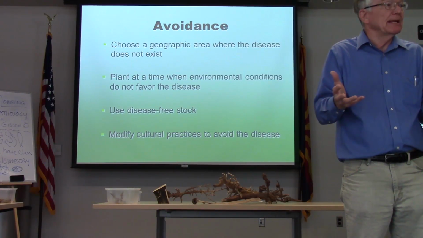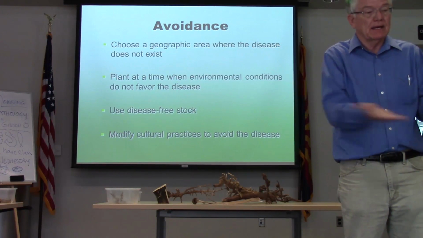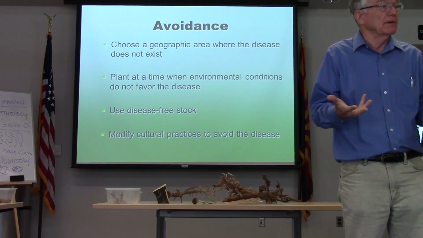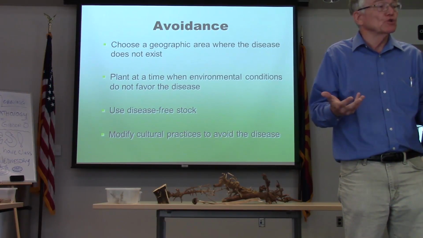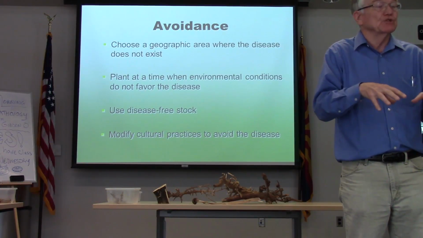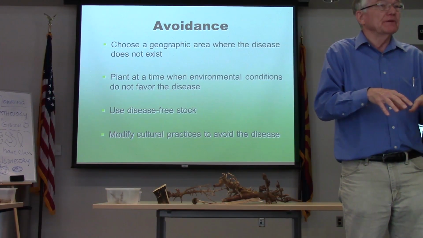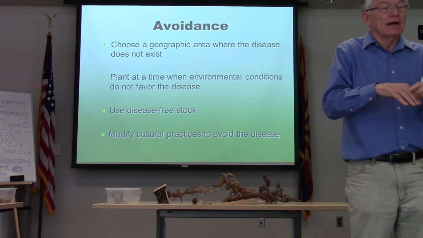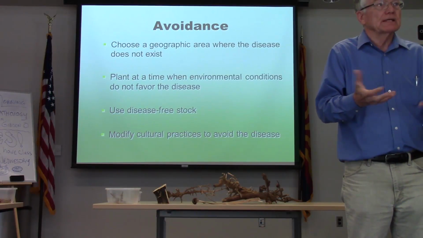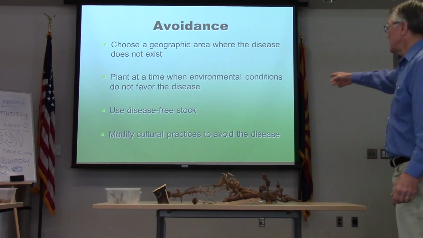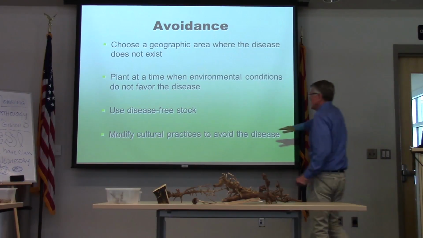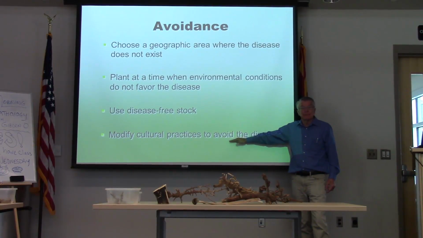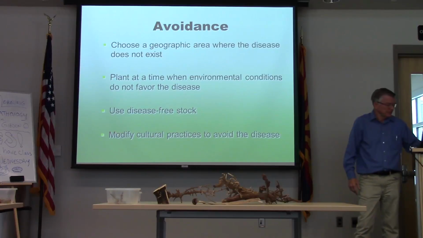Instead of leaving that plant there, I might just go in and cut that plant out, haul it to the trash, and get rid of it, so that I modify the cultural ability of those insects. Usually it's an insect, aphid usually, that takes a virus from one plant to another. I can avoid having anything that those insects can pick up. I modify my growing process to avoid that disease. Thank you, I appreciate that question.